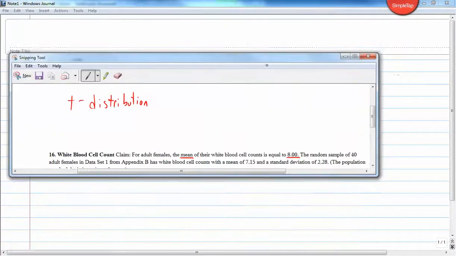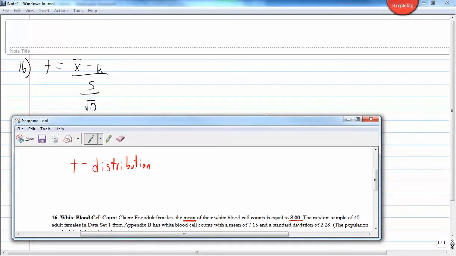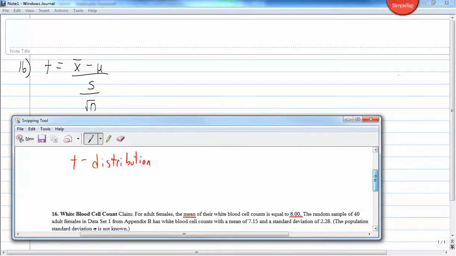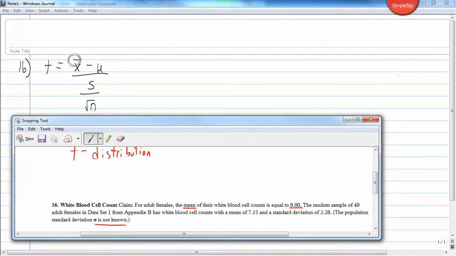Okay? So, the x bar, remember, that comes from a sample. S comes from a sample. That's a sample standard deviation. N, of course, that's from the sample. The only thing we need is a population mean.